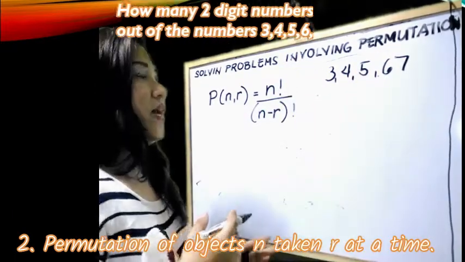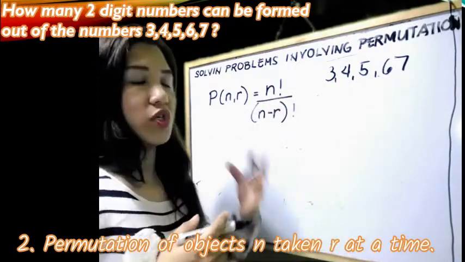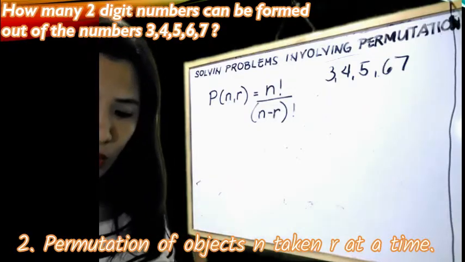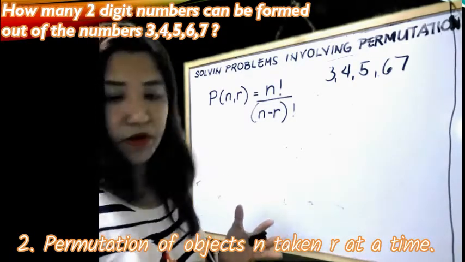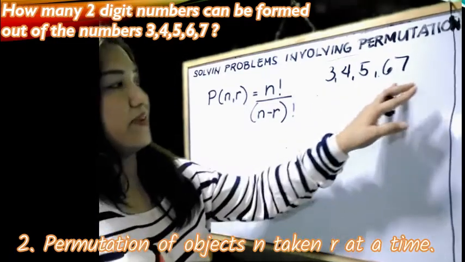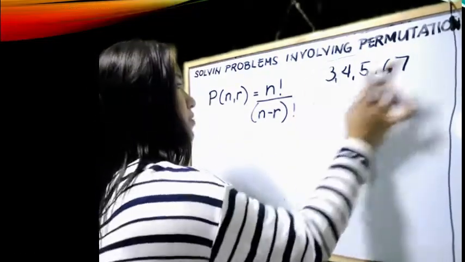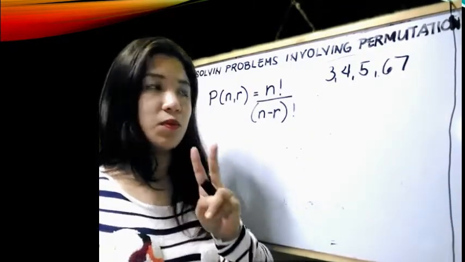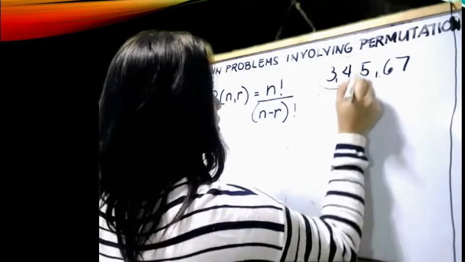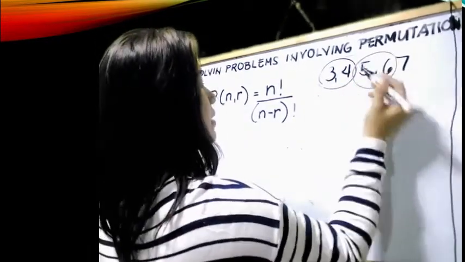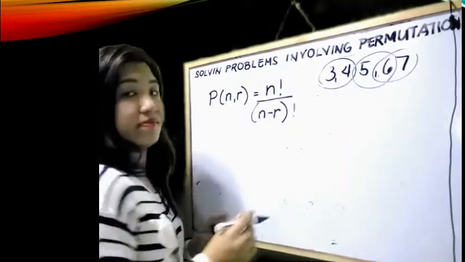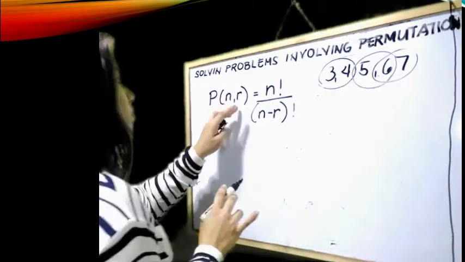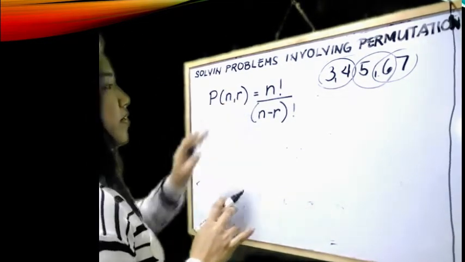Basically, if you repeat the question: in how many two-digit numbers can be formed out of the numbers 3, 4, 5, 6, 7? You are not going to take all of these 5 digits at a time, because you are being asked to take only 2 at a time. It can be 3 and 4, 5 and 6, or 6 and 7, but we have to solve it properly by applying the formula for permutation of n objects taken r at a time.